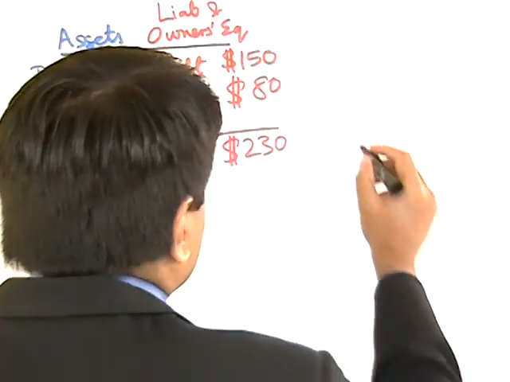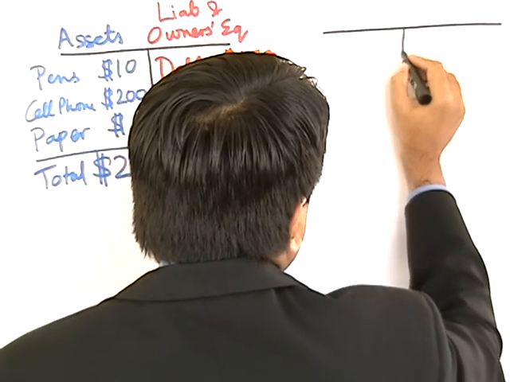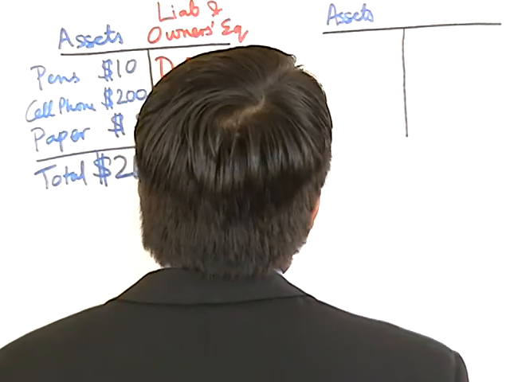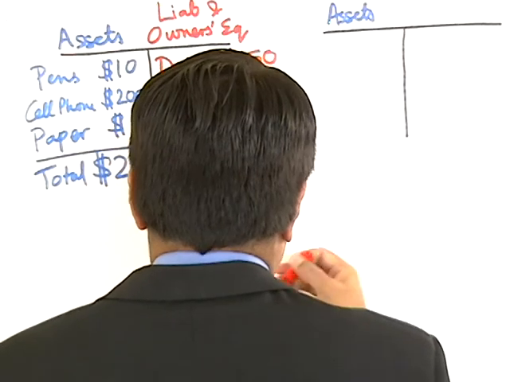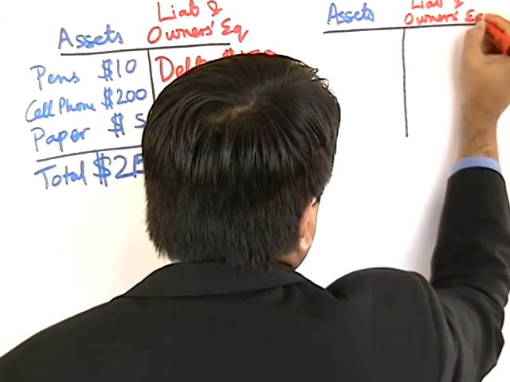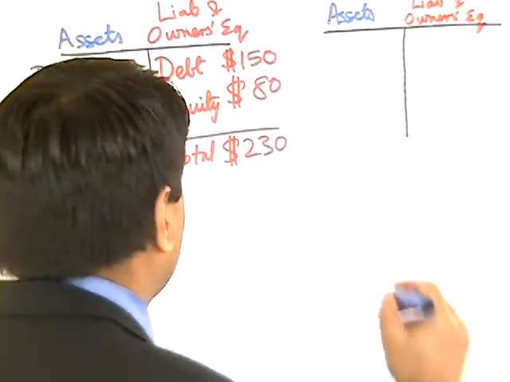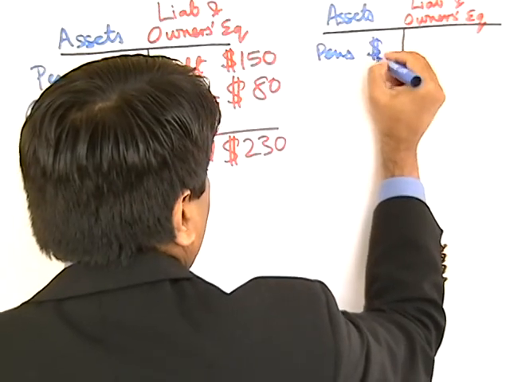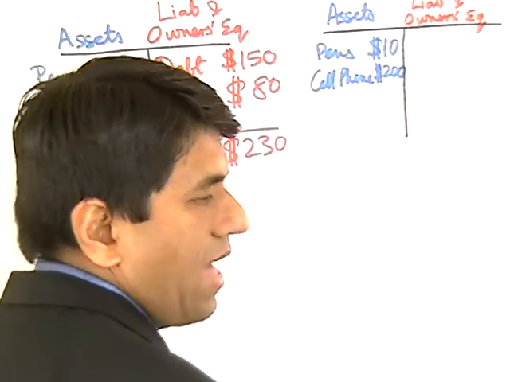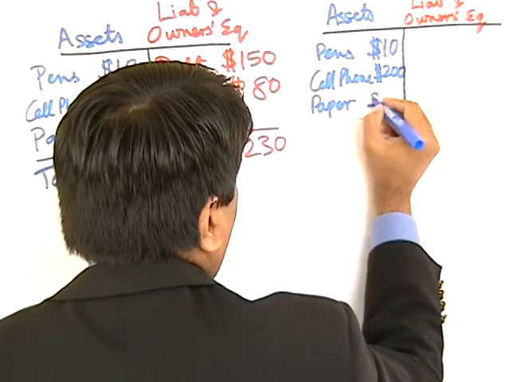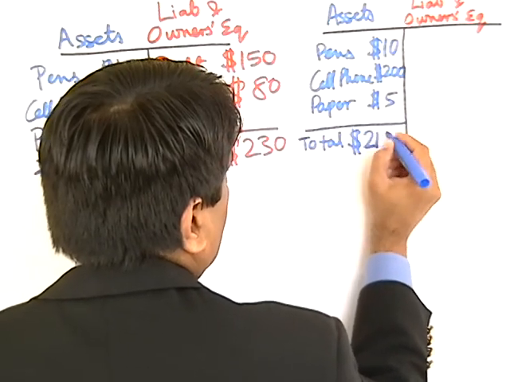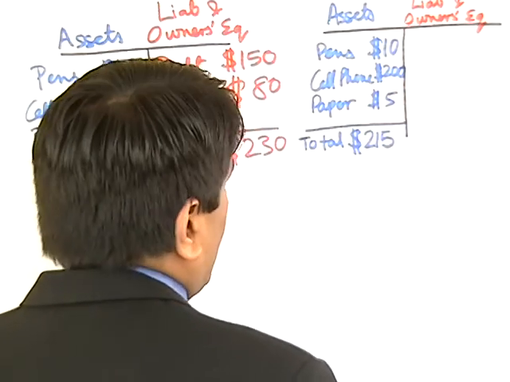Suppose the balance sheet was so the assets of the firm are the pens worth $10, the cell phone worth $200, and the paper worth $5, for a total of $215.